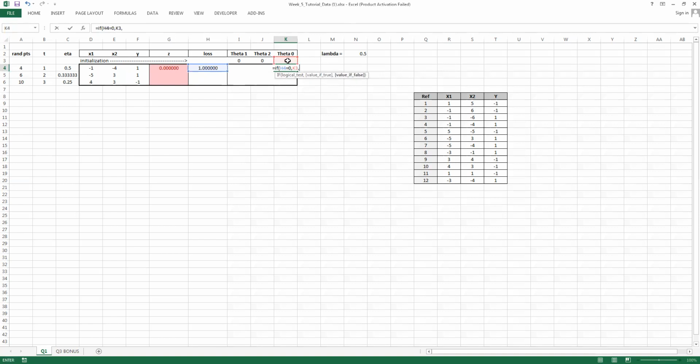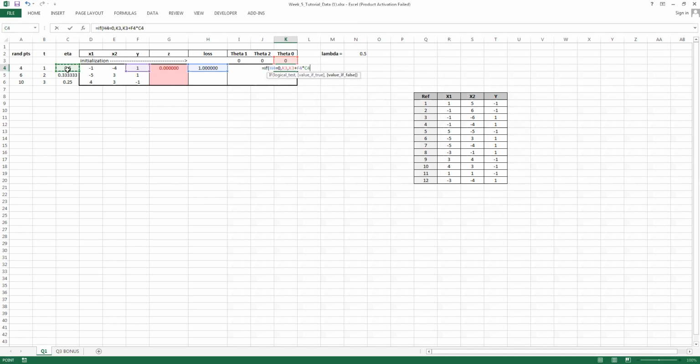If there is loss, right? So if the loss is not 0, then what's going to happen? Our theta 0 is going to update. Now, if you remember what happened last week, it was theta 0 plus y, but now we need to take that y and multiply by eta.